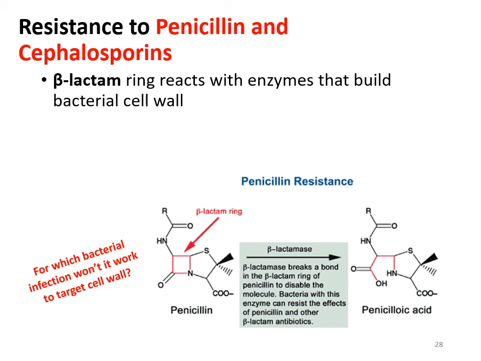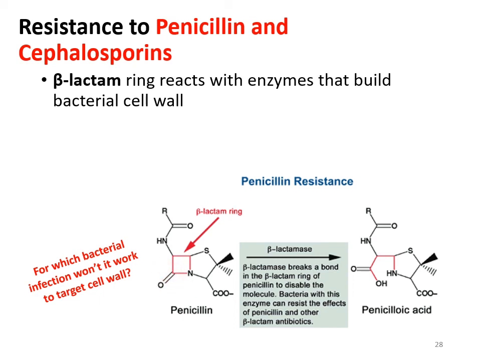So the way penicillin and cephalosporins work is, remember, they have that beta-lactam ring, which will then bind to the enzymes that would normally build peptidoglycan in bacteria. So they block the NAG-NAM formation, or they block peptidoglycan formation. So now that bacteria can't make its cell wall. Boom, that bacteria is dead. Okay, and again, this is a reminder of what that beta-lactam ring looks like.